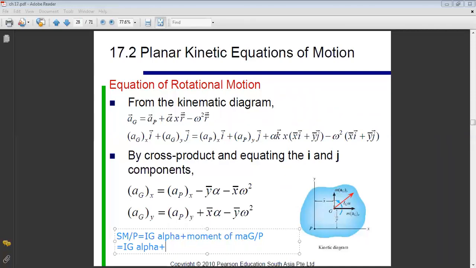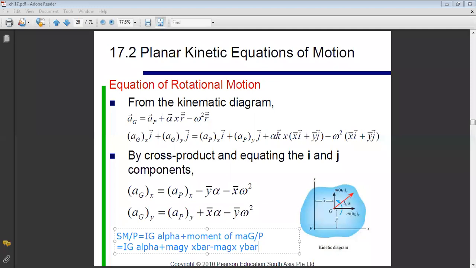So for AGY, it's plus MAGY times X bar, plus the moment of MAGX, and because it's in the clockwise direction, it's minus MAGX times Y bar. So what can I deduce? I obtained the same relation I developed now.